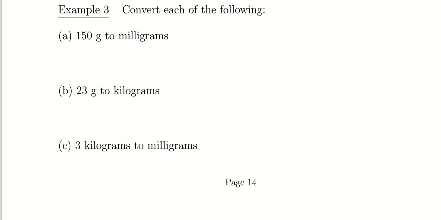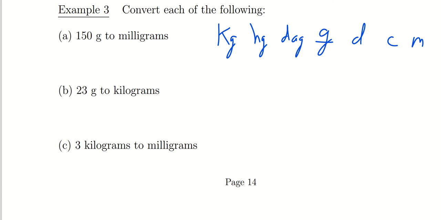Let's take a look at example 3. In example 3, we're converting units within the metric system. So with weights, we're back to that King Henry saying: King Henry died blank drinking chocolate milk. For weight, the base unit in the metric system is the gram. So this would be kilograms, hectograms, decagrams, grams, decigrams, centigrams, and then milligrams.